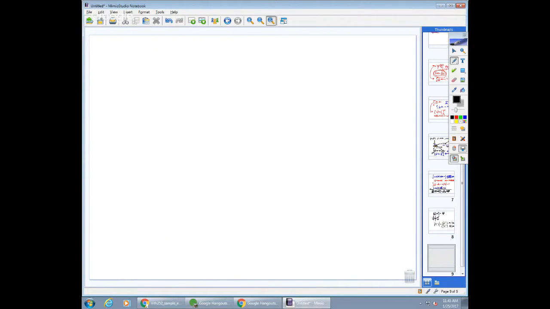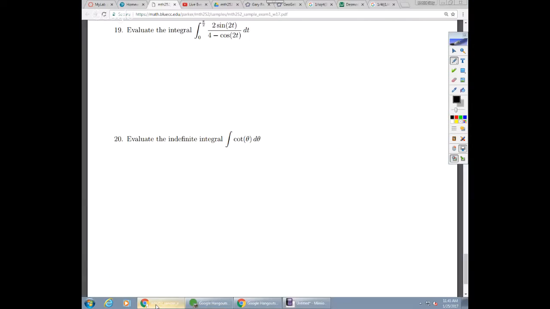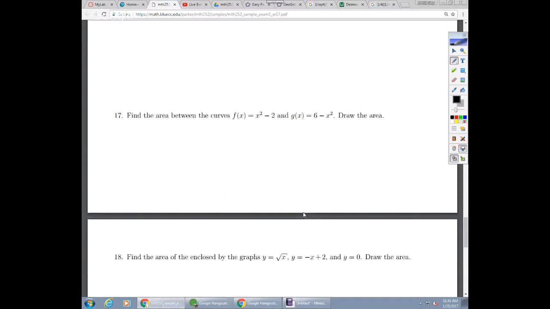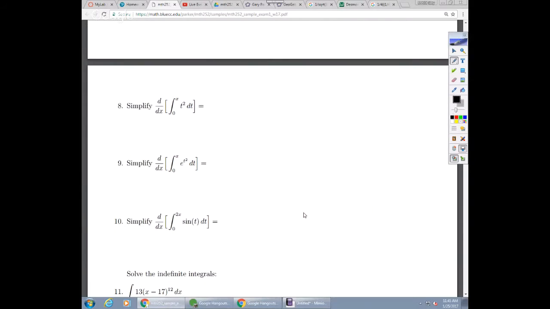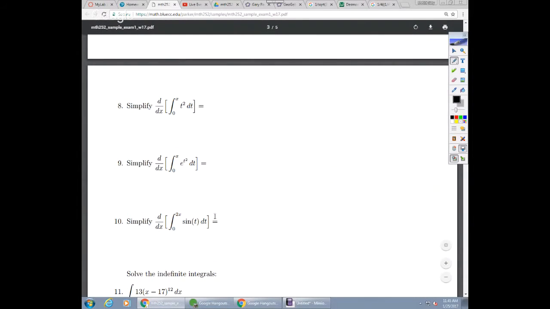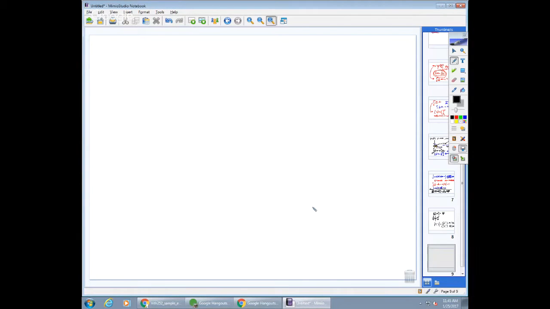All right, we've got time for one more. Let's do a fundamental theorem problem. Let's do something like 8 and then 10. So an integral can be a function. For example, I could integrate from 0 to x, t squared plus t plus 1 with respect to t. So that is its own function.